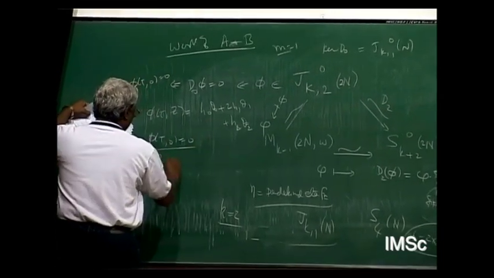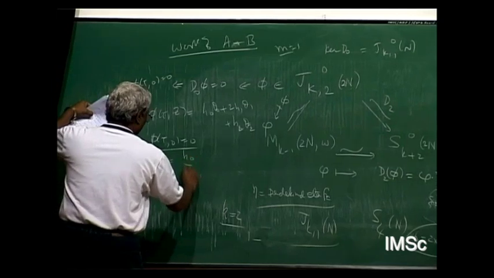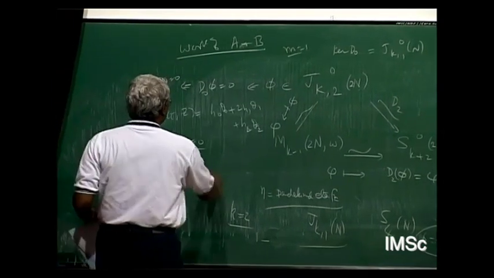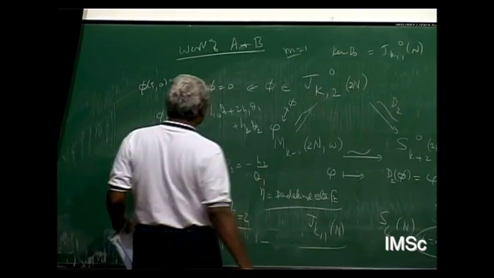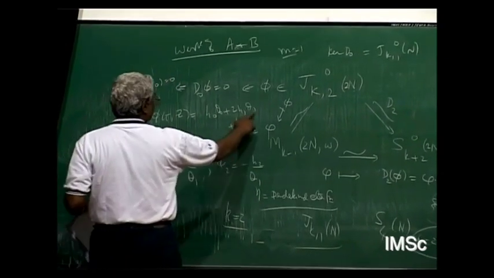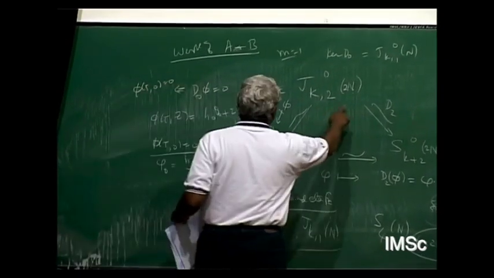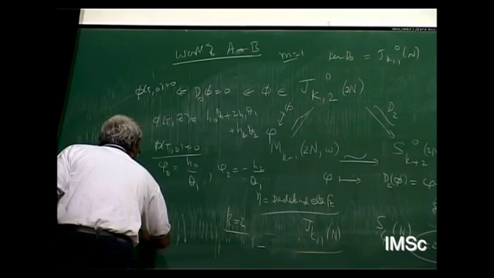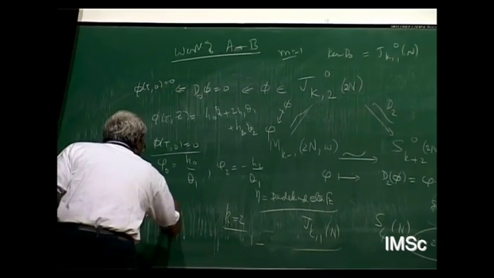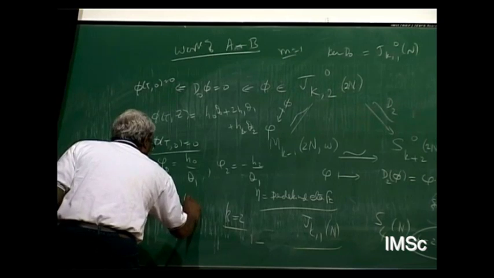One is phi_0, which is given by h_0 by theta_1, and phi_2 is minus h_2 by theta_1. This theta_1 is nothing but theta_{m,1}(tau, 0). So theta_nu is nothing but theta_{m,nu}(tau, 0).